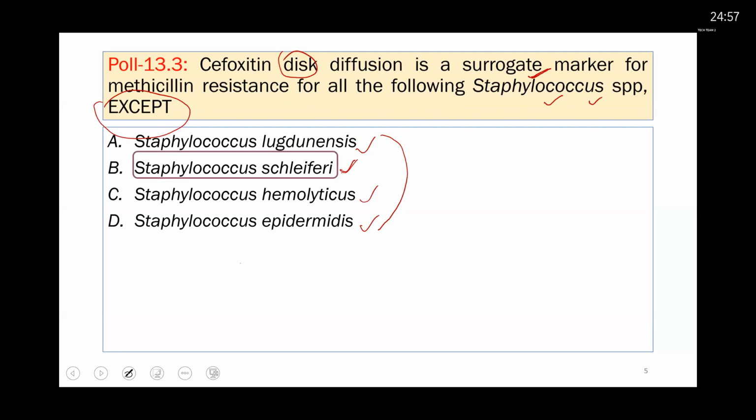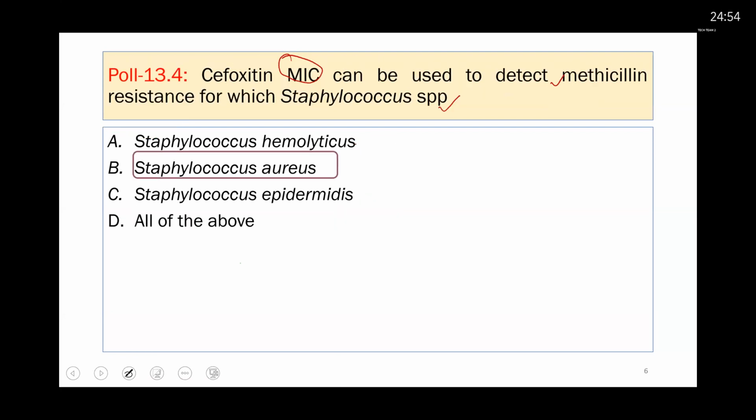Actually, cefoxitin MIC can be reliably done for Staph aureus as well as Lugdunensis, and one more is Saprophyticus. So these are the three. We'll discuss all the questions. Aureus and Lugdunensis are mentioned in CLSI. EUCAST mentions additionally Saprophyticus, for which cefoxitin MIC can be done.